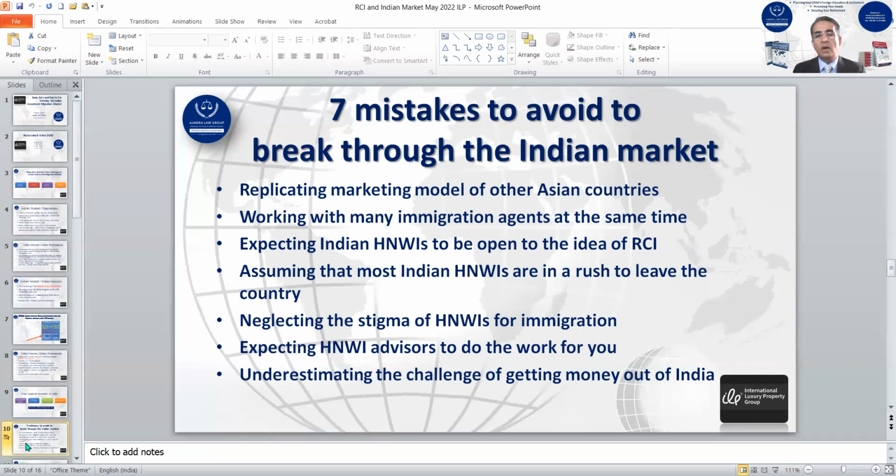Another mistake is expecting the HNIs' advisors to do the work for you. I've seen that a lot of global professionals, when they want to come to India, want to work with Indian professionals and Indian agents and ask them to do all the work of selling their programs. They are very new to this. They have hardly any idea, and they cannot sell the programs the way they should be promoted, by convincing the clients, not forcing the clients.